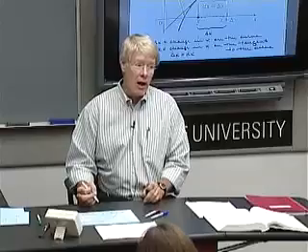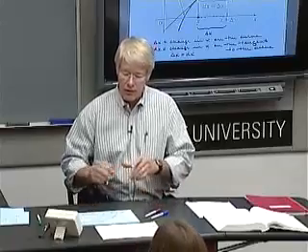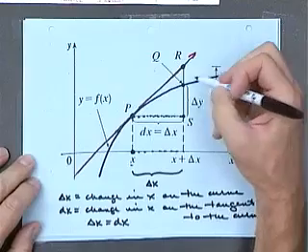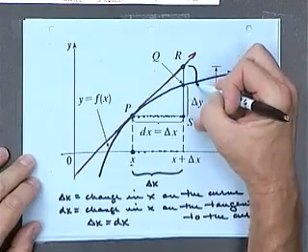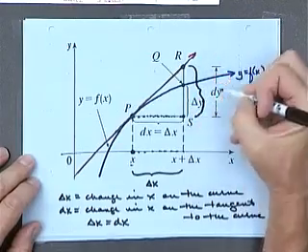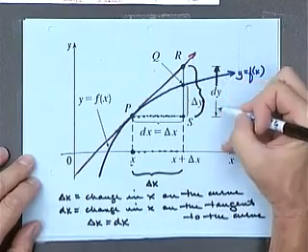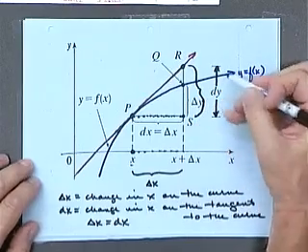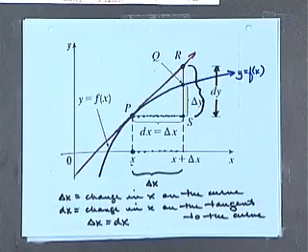Now, the change in y is actually different. If you'll notice, dy is this distance, which is denoted by the arrows here. So is dy the change in y on the curve, or is dy the change in y along the tangent to the curve?